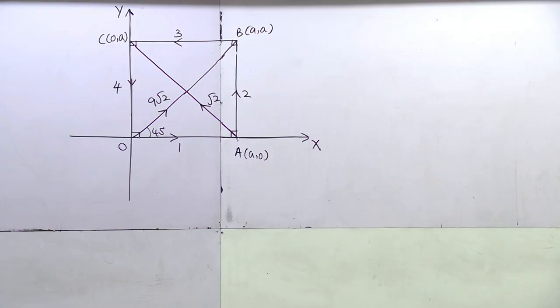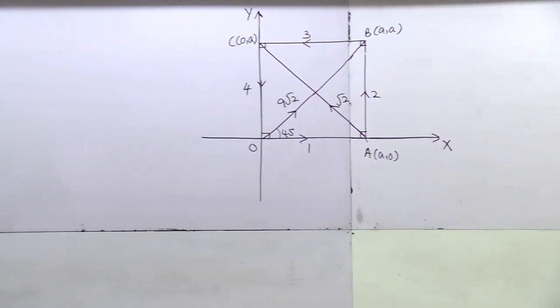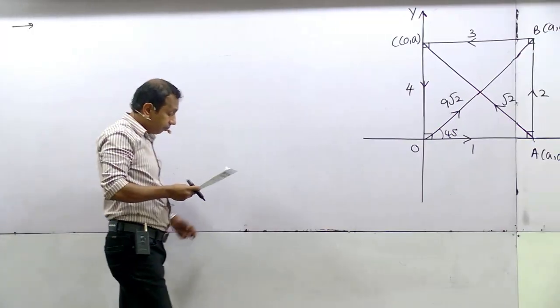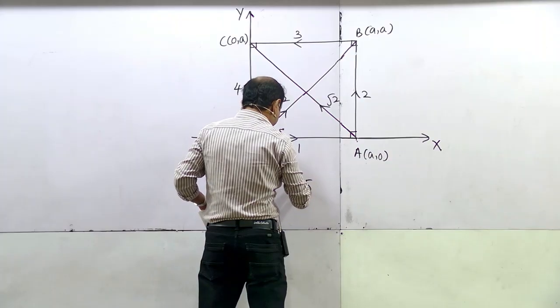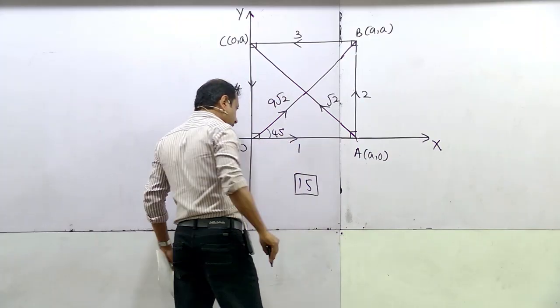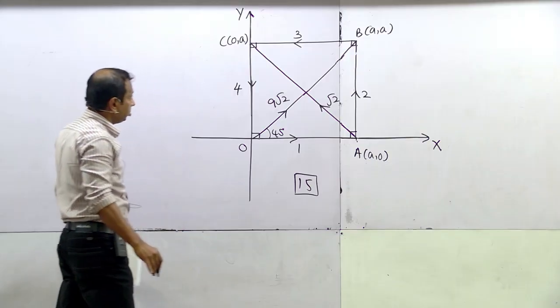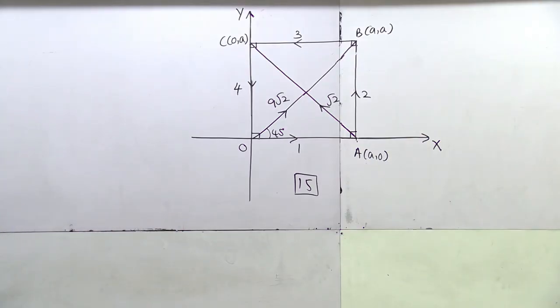First one asking to find the magnitude and direction of the resultant force. Then we have to resolve the forces, right? Horizontally. Resolving horizontally, right? For the diagram given, 15 marks. Right.